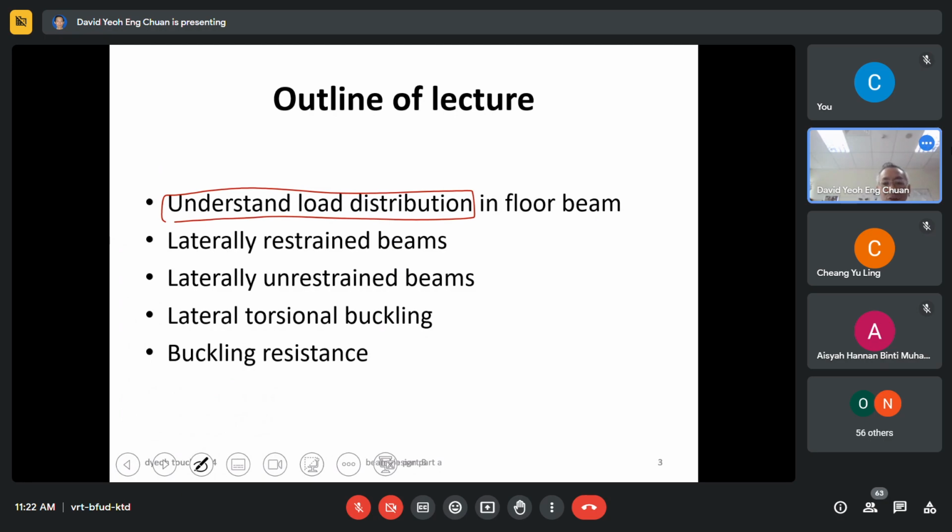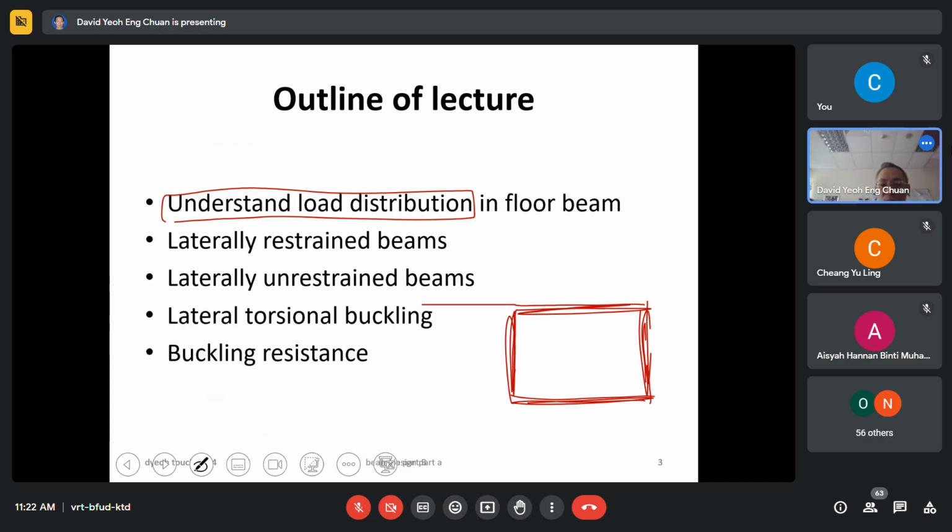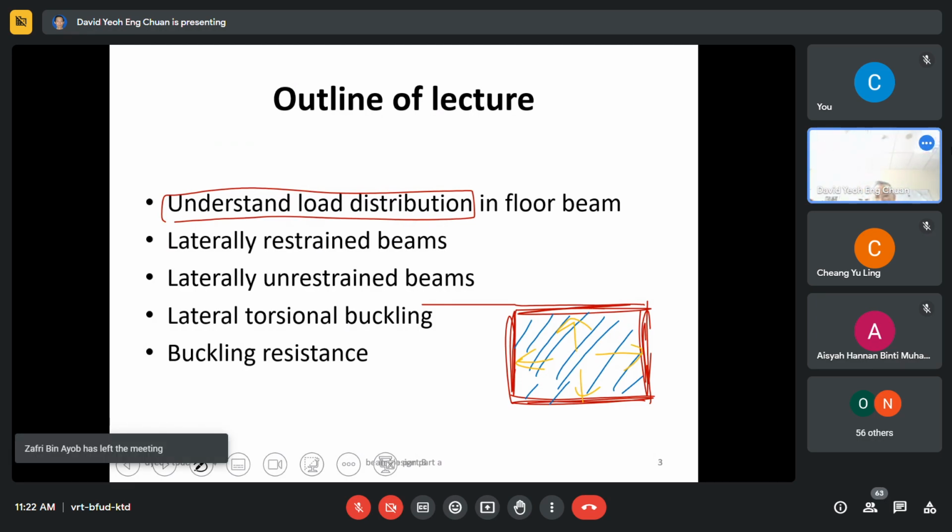If that's the beam, and then there is this slab inside, how do you distribute this load to here and here and here and here? How do you do that? Whoever knows gets a bonus. Nobody wants to try?